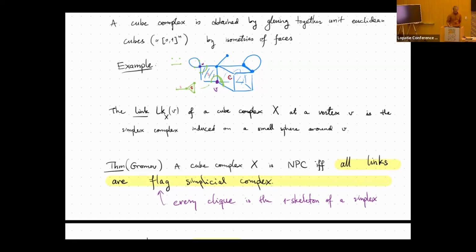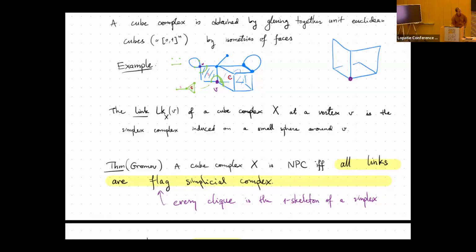If we go back to the example of something that was not CAT(0), which was the corner of a cube without a cube, this should demonstrate why the flag condition is important. Let me draw this example again. I have three squares around the vertex.